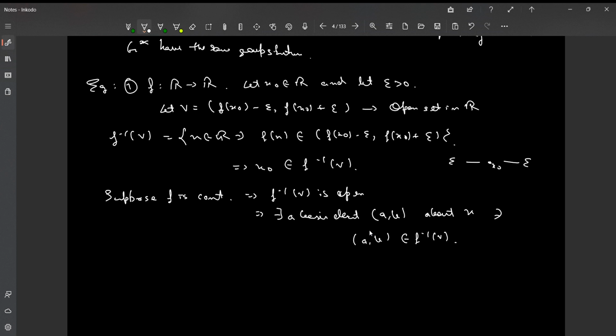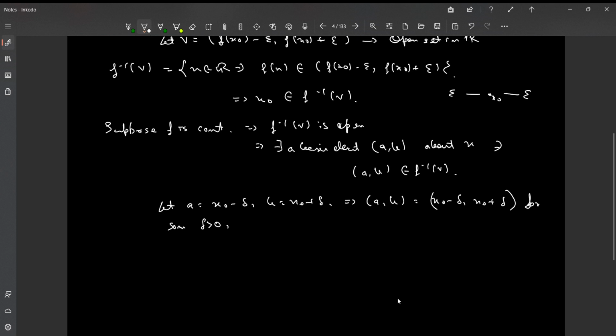Now let a be x naught minus delta, b be x naught plus delta. Then that would imply this interval (a, b) is nothing but the interval (x naught minus delta, x naught plus delta), for some positive number delta.